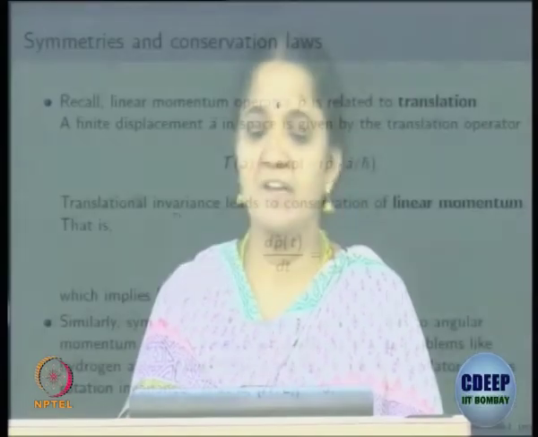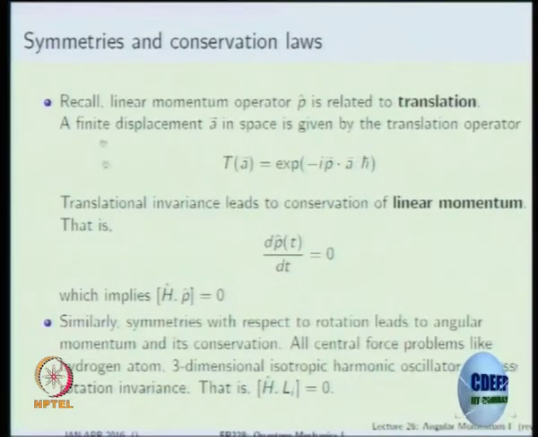And translation invariance of a system actually means that the linear momentum is conserved, which we have seen in both the ways. In the Heisenberg picture, it's equivalent to saying that if a system has translation invariance, then the operator which performs translation had better commute with the Hamiltonian.